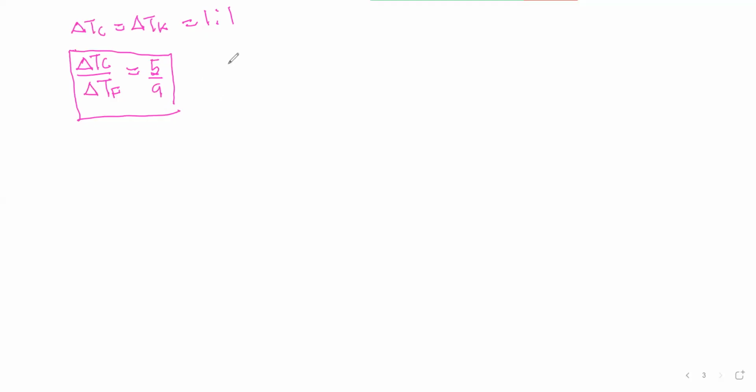And with this, you can always convert from one to the other. If you still want to see it as 9 times delta TC is equal to 5 times delta TF, it is also correct, provided you understand what you are doing. Saki, are you okay? Yes, sir. So all that we are saying is that if you are given the change in temperature in one, to find the change in the other, this is what you must use.